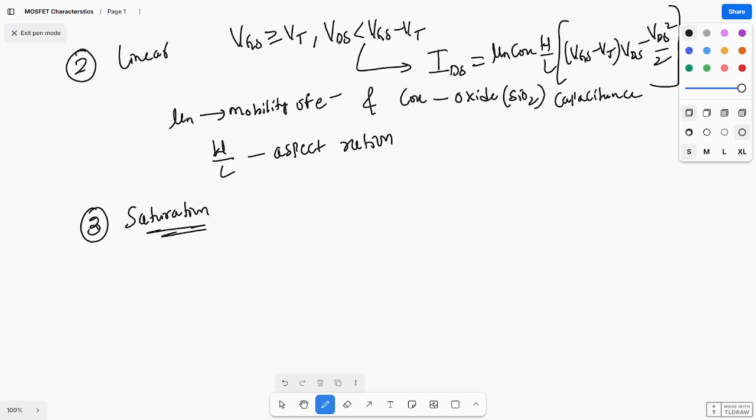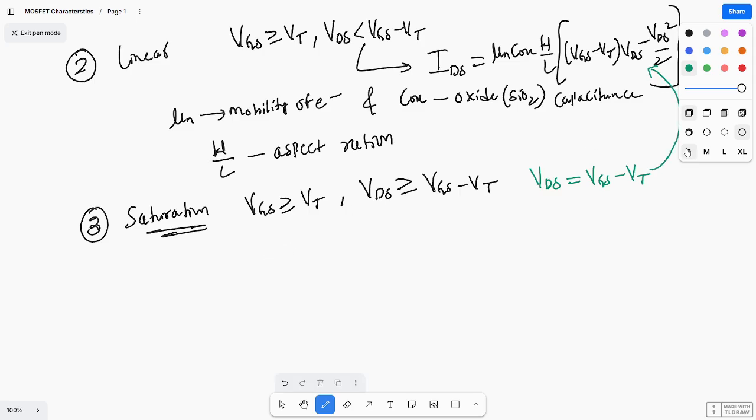Coming to the saturation region, what is the condition? VGS is greater than or equal to VT. The channel is forming, and the channel is pinched off. After that, VDS should be greater than or equal to VGS minus VT. So here, VDS equals VGS minus VT. I substitute this expression in the linear equation.